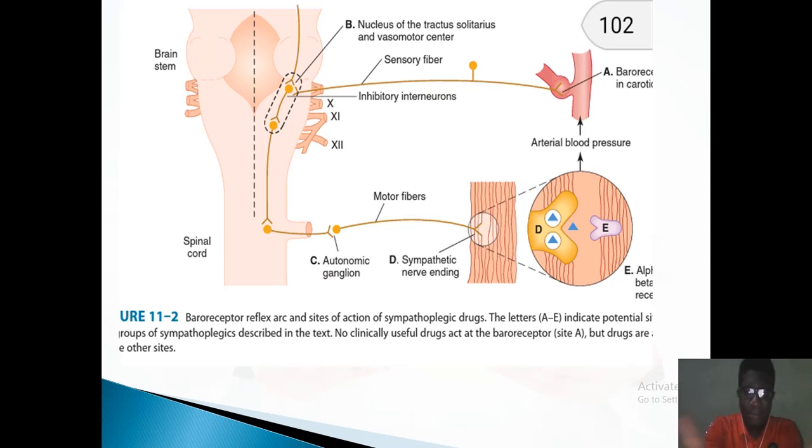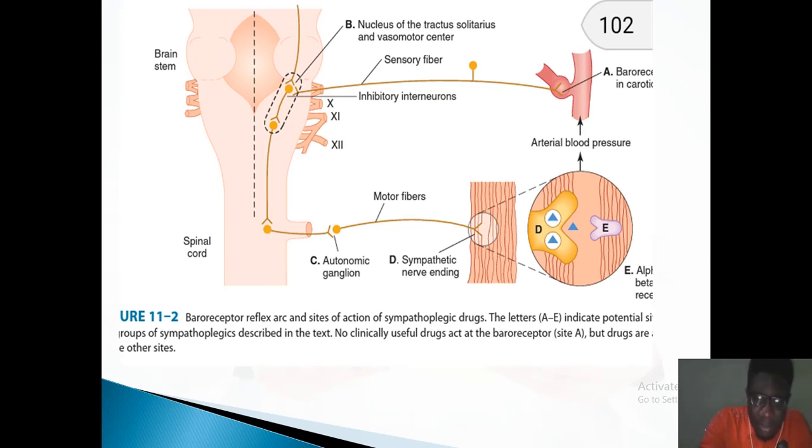So this is a brief diagram. This diagram was gotten from the Katzung book, the small Katzung book. This is a diagram showing the sites of action of the sympathoplegics.